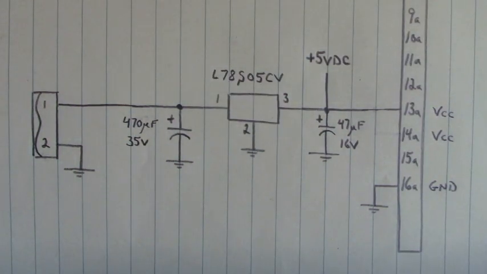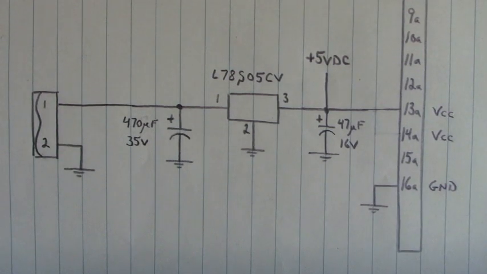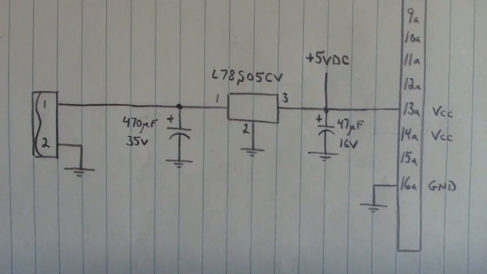Now you're probably wondering, why do we have to power up the cartridge? Doesn't the programmer power up the cartridge? Yes, it does, but it only powers it up for the duration that it's either reading or writing to that device.